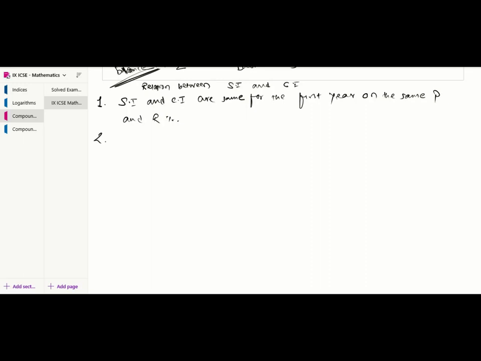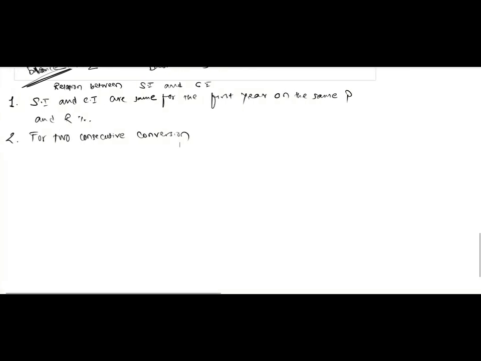That's the first point. The second point you should remember is, suppose we are talking about two consecutive conversion periods.